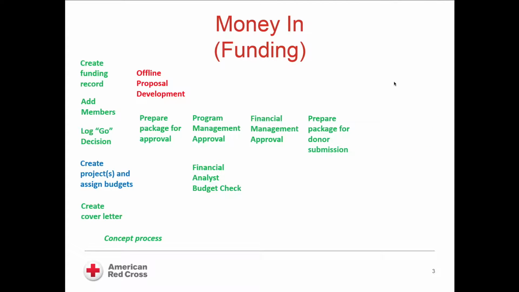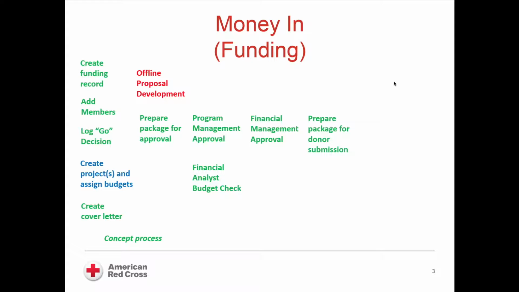The donor liaison is given a task that says to prepare the package for donor submission. And at this stage, if there are forms to be filled out or there's anything else to be done prior to submitting the package to the donor, this is where that should occur.